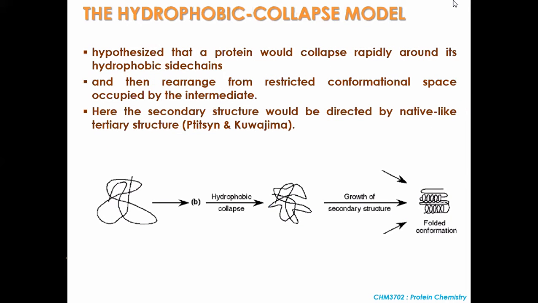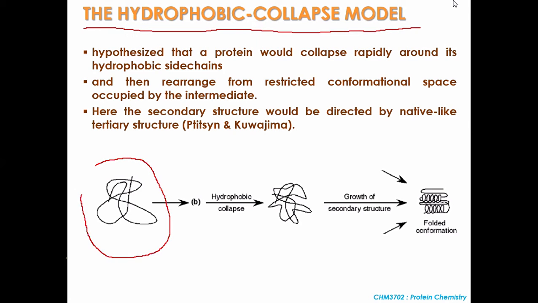The third one, this is my favorite model. Yeah. So when you have this framework structure, they will collapse. The way they collapse is they will put all the hydrophobic amino acid inside the structure.